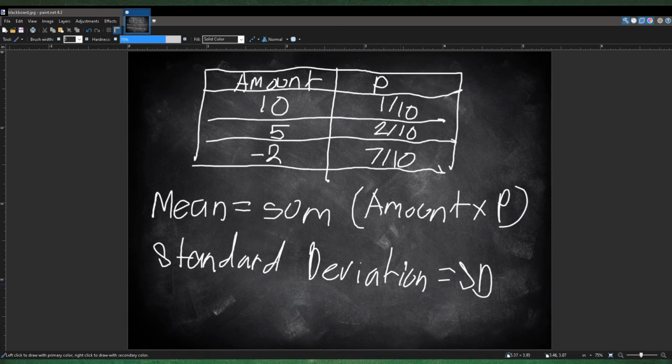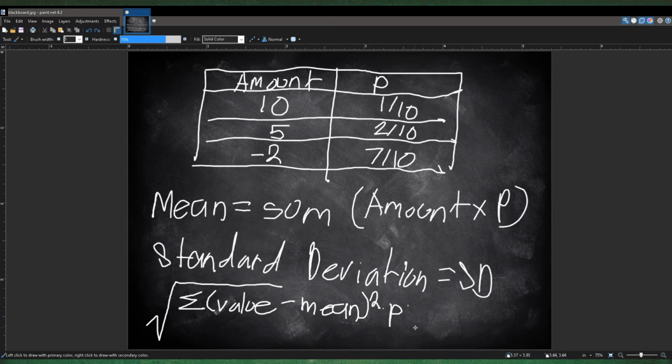To calculate this, you take the square root of the sum of the value, which is the amount, minus the mean, then square it, times the probability, which I'll just write as P. Right? So it's basically just like this.